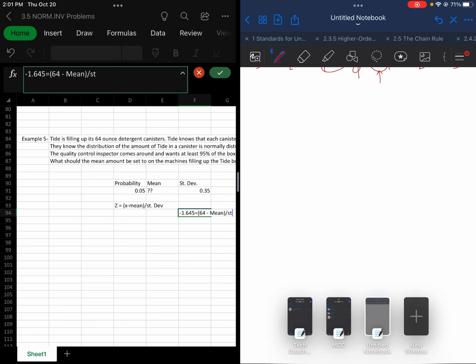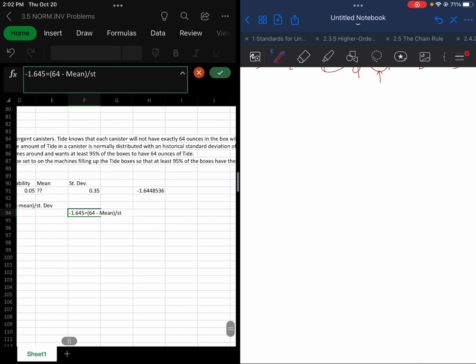Okay, so I used Excel to find the z-score. The z-score in this case is negative 1.645. I'm going to set that equal to 64, because that's how much I want in each container, minus the mean over the standard deviation, which is 0.35. So how am I going to calculate the mean? Well, first I'm going to multiply by 0.35.